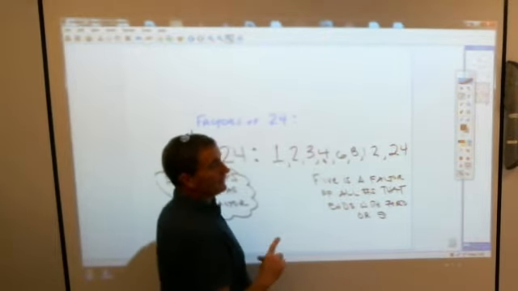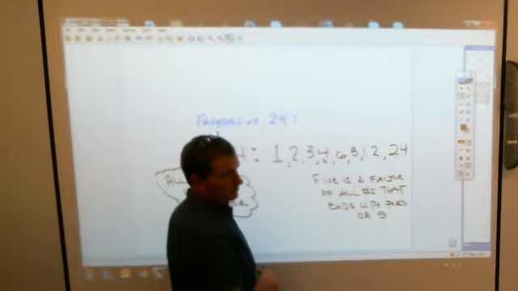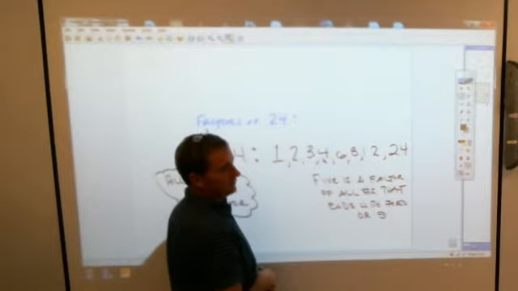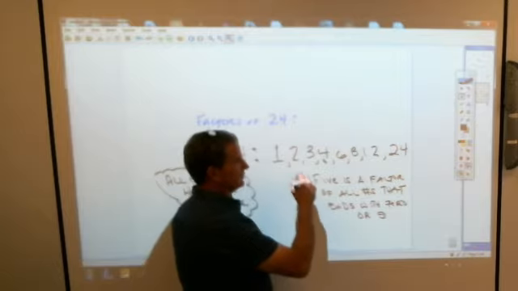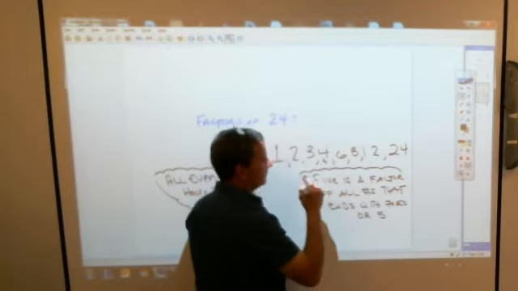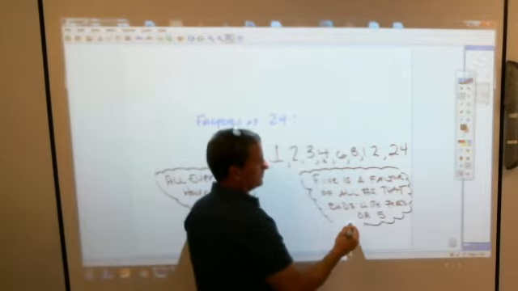You can divide 5 into any number, for example, 15. 15, 3 times 5. 25, 5 times 5. 35, 5 times 7. 45, 5 times 9. 40, 5 times 8. So keep this in mind, children, because it will come up to be important.